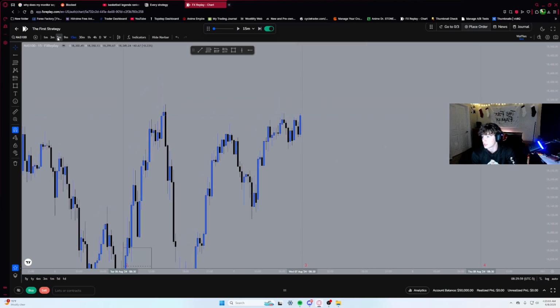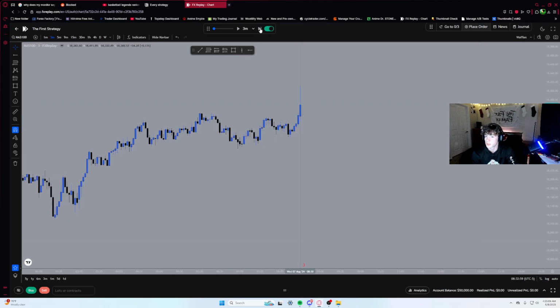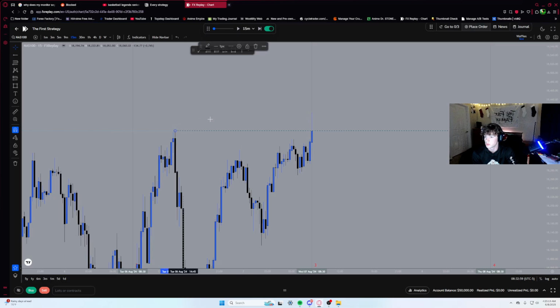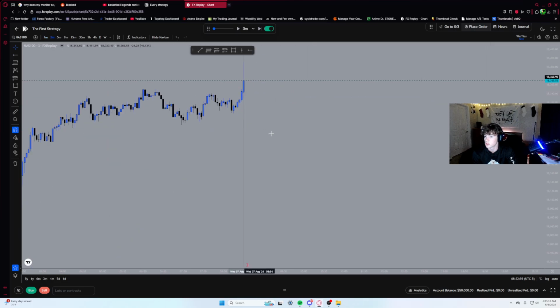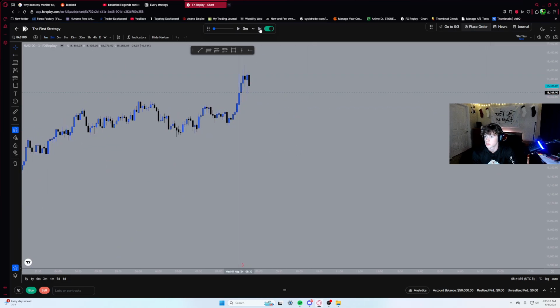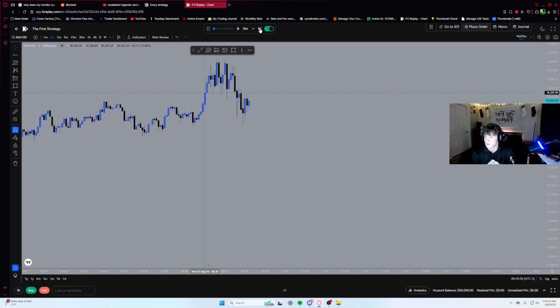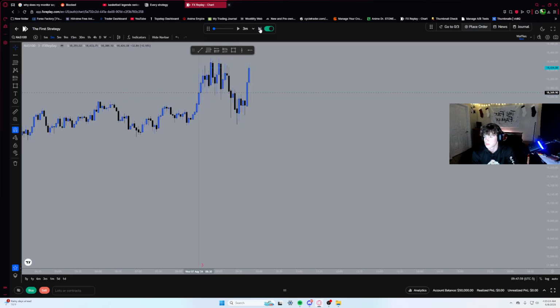We're going to look for a liquidity sweep. Let's see what the market open candle does. Liquidity sweep. Cool. Let's see what price does after this. Okay.